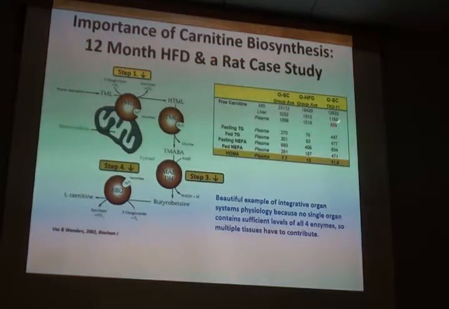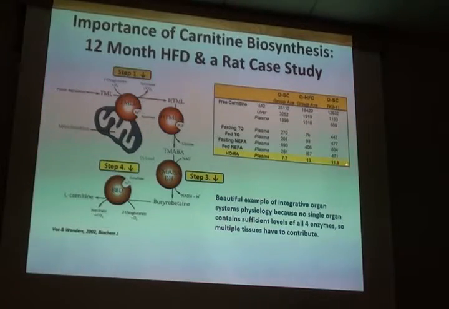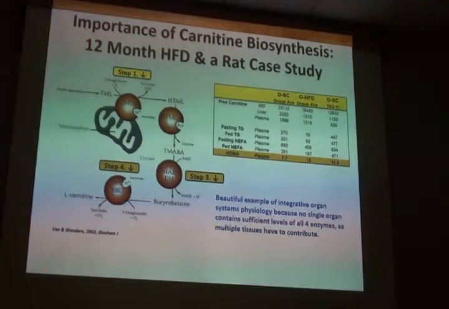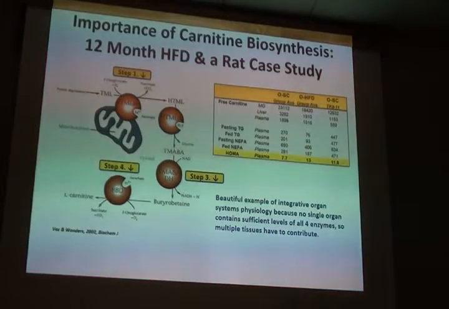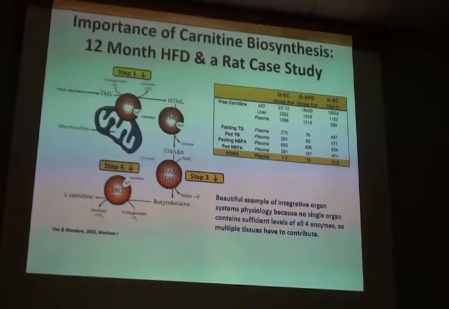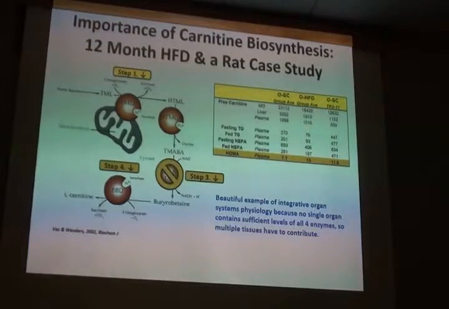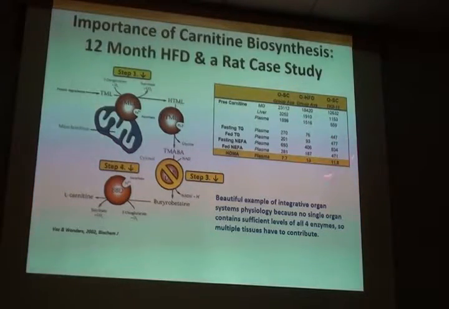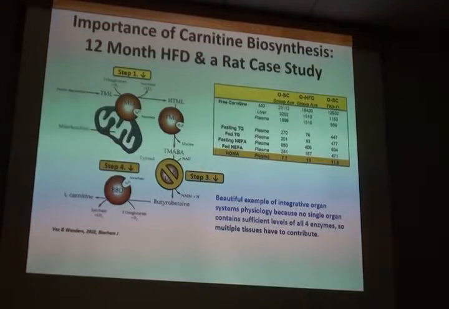It was associated with much higher triglycerides and fatty acids, and a HOMA level that was very similar to the high-fat diet group. A lot of other parameters were weird as well, so we were naturally going to exclude this animal as an outlier anyway. But it just so happened that I was very interested in looking at the carnitine biosynthesis genes, and what we found was that this particular animal had a spontaneous deletion in the 3rd enzyme in this process.